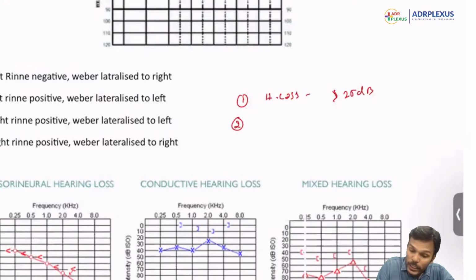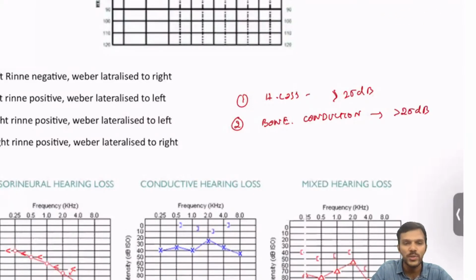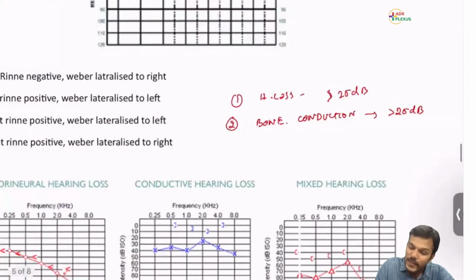Next one, the bone conduction curve. If the bone conduction curve is more than the 25 decibel mark, please pay attention, my dear students, very important, there is confirmation of sensorineural loss.